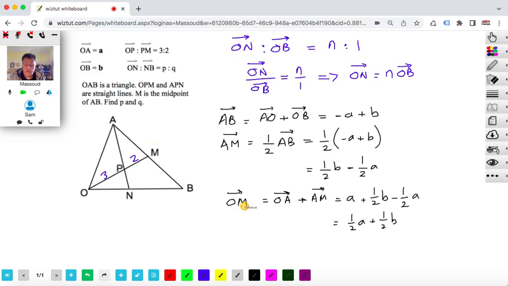Since I've got OM, which is the whole thing, we know OP is 3/5 of the whole thing. I'm going to write it here, with a little more space to work.